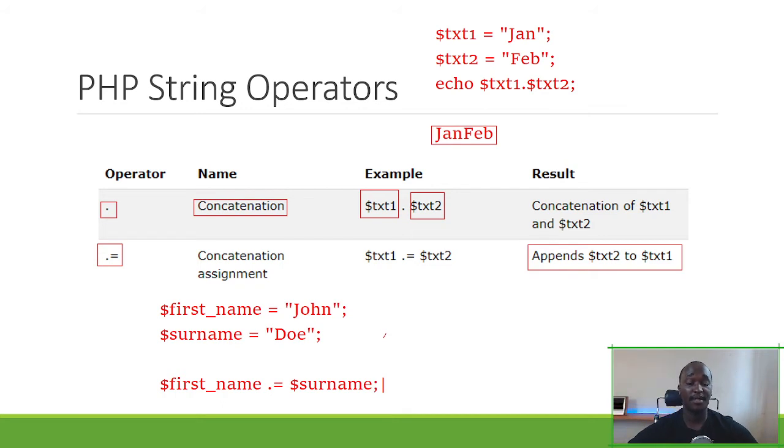If you do something like that, and now you echo first name, then the output is going to be John Doe. So that's how you, for example, use the concatenation assignment. So it's just going to append.